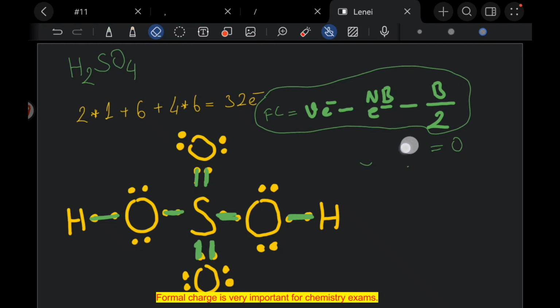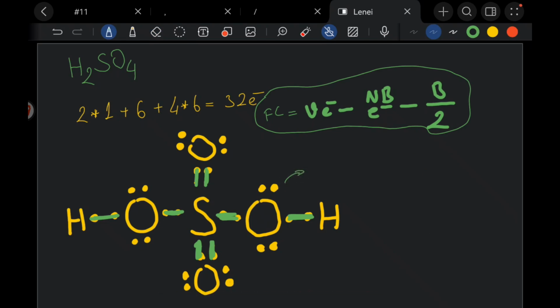And we can also calculate the formal charge on oxygen, for instance, for this oxygen. The valence electron number is 6 for oxygen. There are 4 non-bonding electrons, and there are 4 bonding electrons over 2, and it equals 0. So the formal charge on this oxygen is 0. If we look at this oxygen atom to calculate the formal charge, it has 6 valence electrons.